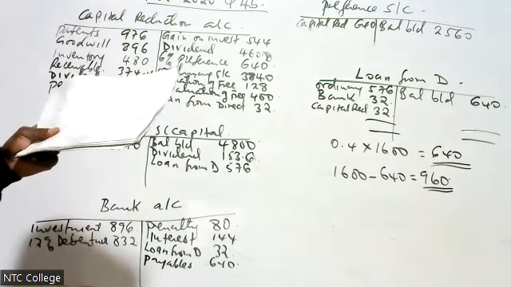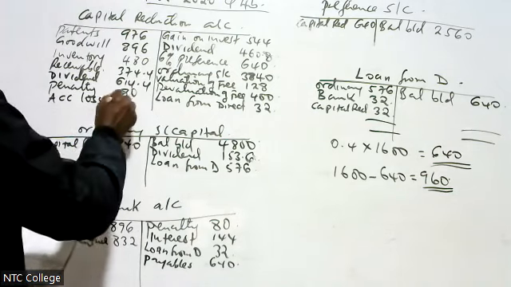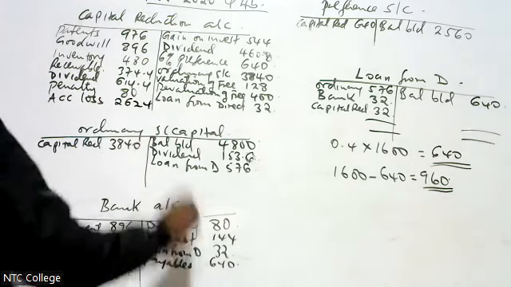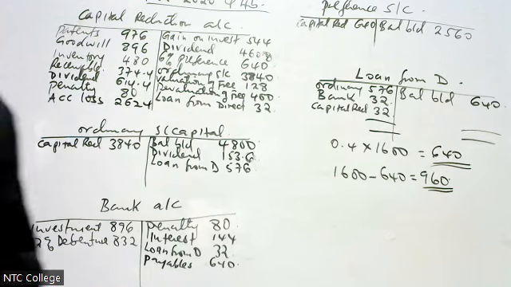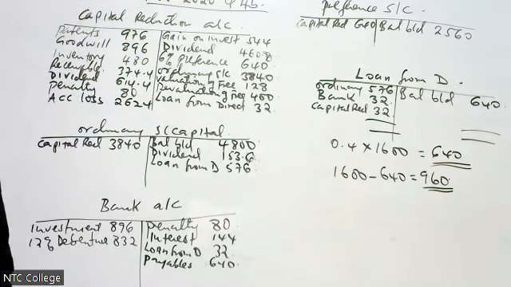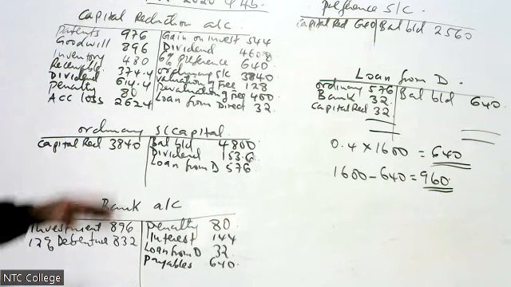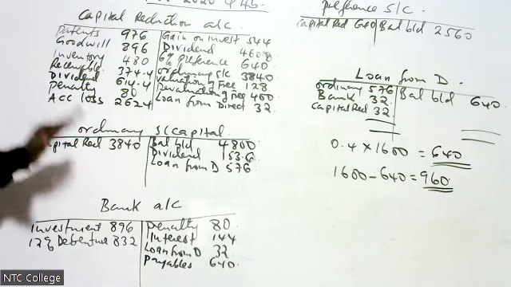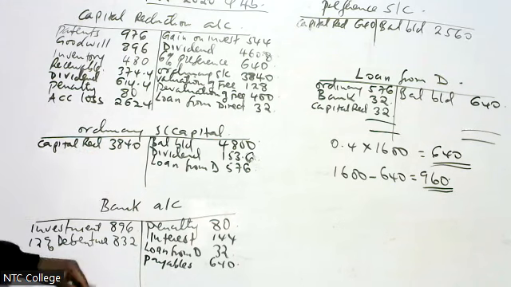You debit capital reduction, you credit P&L. You can see it in our journal entries for yesterday. Therefore, that is what the examiner wanted. The capital reduction cannot be complete without these two accounts. Therefore, we are done with our capital reduction.